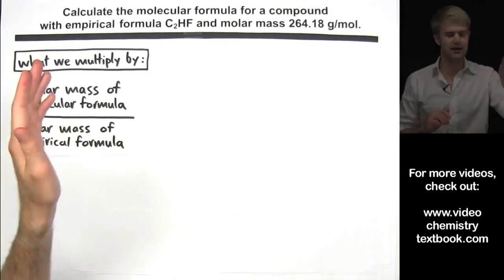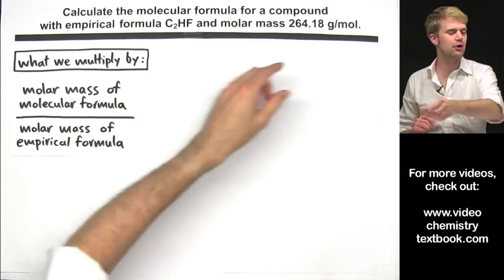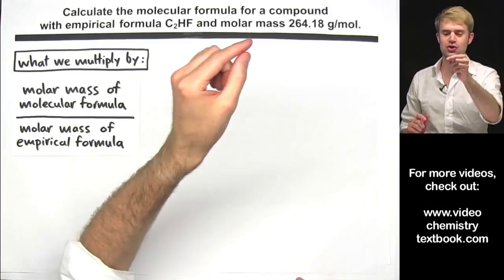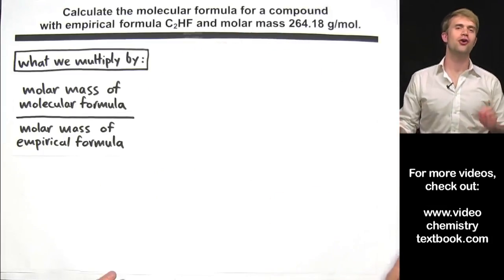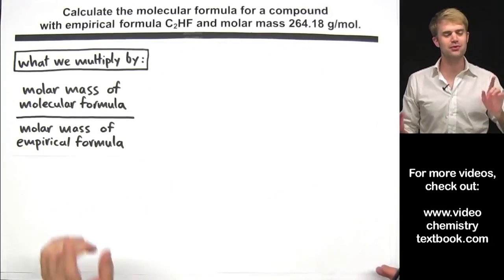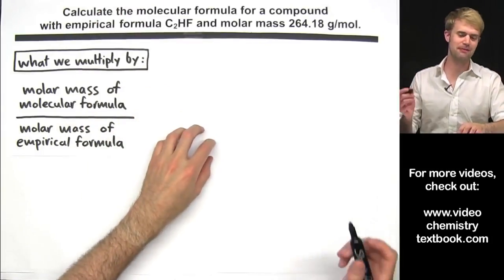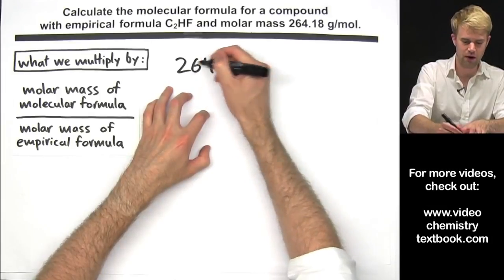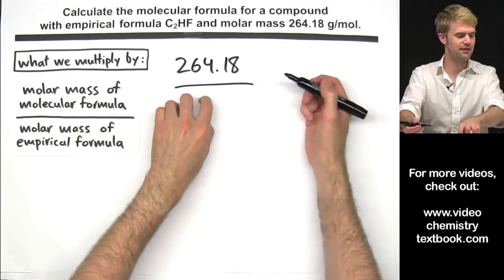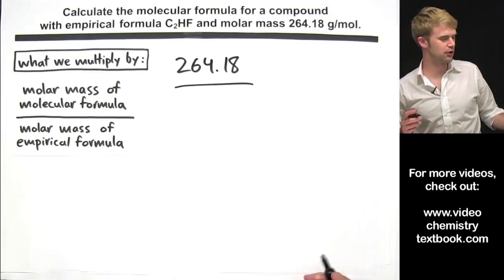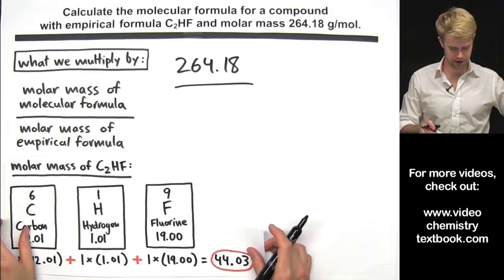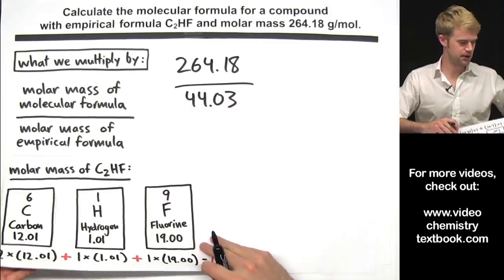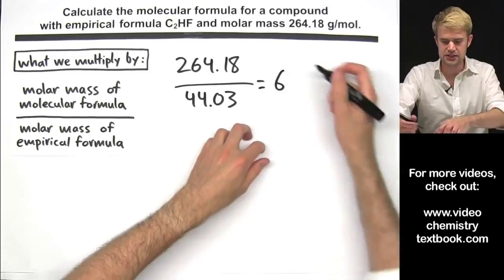One more example. Calculate the molecular formula for a compound with the empirical formula C2H5 and molar mass 264.18 grams per mole. To find the number that we need to multiply this empirical formula by, we'll take the molar mass of the compound, 264.18, divide that by the molar mass of the empirical formula, which I've calculated here to be 44.03. This division gives us 6.